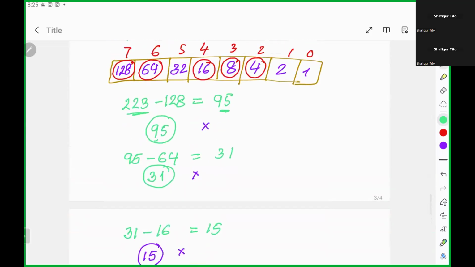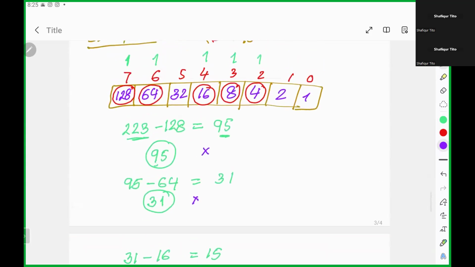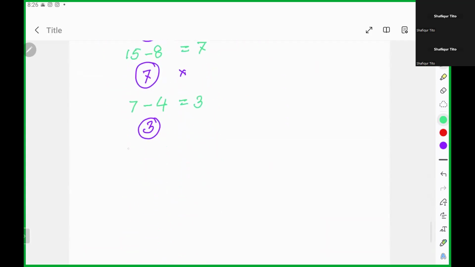So now my number is 3. You have to forget about this one. The highest number smaller than 3 is 2. So this is my 2. That means I need to set 1 in this position and subtract 3 minus 2, which is equal to 1. We are continuing because we have not got the difference 0.